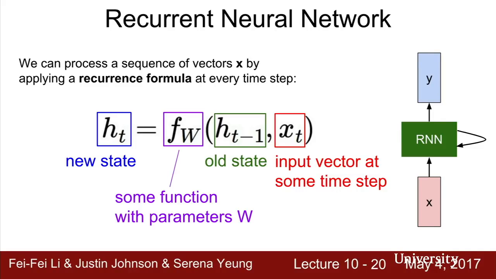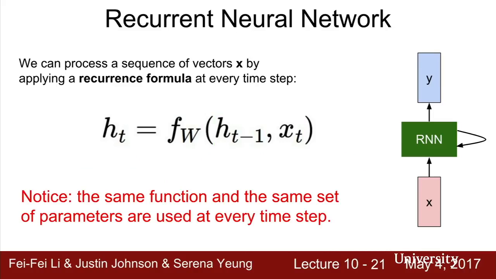Then, as we read the next input, x_{t+1}, this new hidden state h_t is passed into the same function. If we want to produce output at every time step, we might attach additional fully connected layers that read in h_t at every time step and make a decision based on the hidden state. One thing to note is that we use the same function f_W and the same weights W at every time step of the computation.